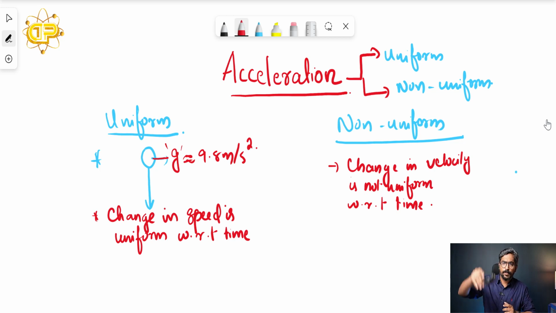If I drop this object, it will fall down under the action of gravity with a particular acceleration, which we call acceleration due to gravity, and that is uniform. Its approximate value is 9.8 meter per second square. That means each second it is increasing its velocity at a rate of 9.8 meter per second. So we can say that is a uniform acceleration.